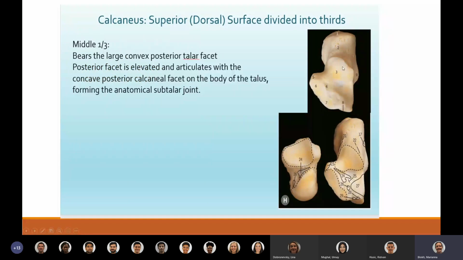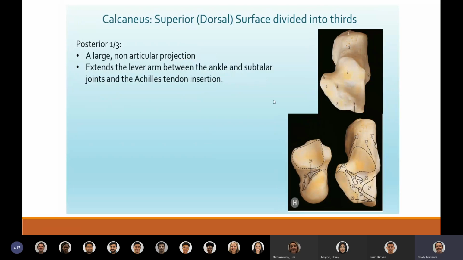The middle third basically has the big kahuna, the large convex-shaped posterior talar facet. That's a very important facet, especially when it comes to fixing calcaneal fractures. It is elevated, raised, and it articulates with the little concave posterior calcaneal facet on the body of the talus.